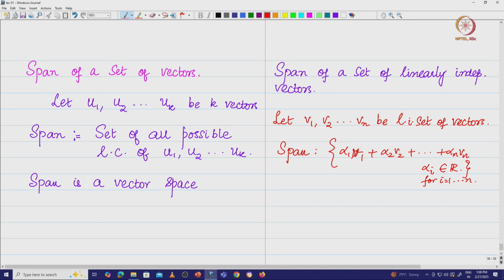Now, what we are going to say is that the span of this linearly independent set of vectors is nothing but the smallest subspace that contains the set of linearly independent vectors.